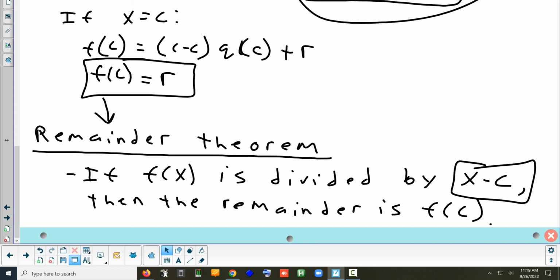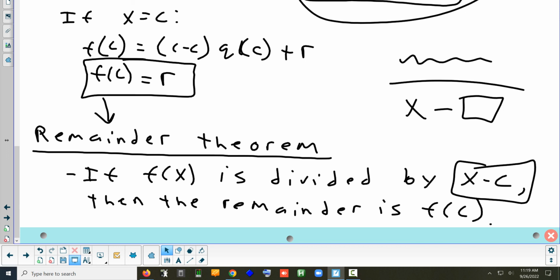If you want to divide by something with x squared and you want to know the remainder, you have to do the whole thing out. But if you divide by x minus some number in that box, just plug the number in that box into the formula in the top, and it will give you the remainder. I tried to explain the reason why.